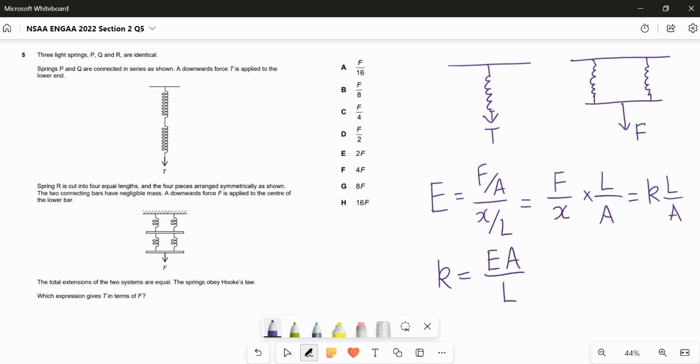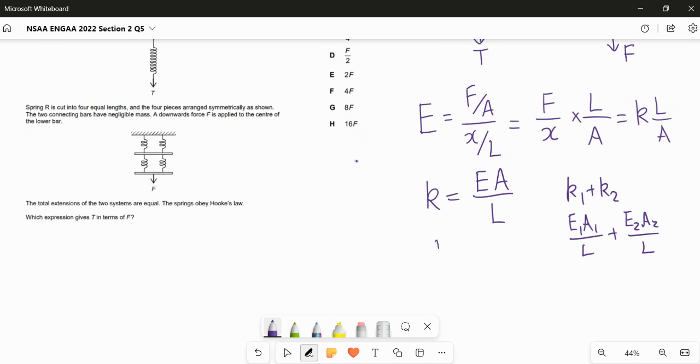So when you add springs in parallel, for example, you're effectively adding their areas or their modulus of elasticity, the EA term on top. So when you add two springs, K1 and K2, you're just adding the modulus of elasticity of each one. So E1A1 over L plus E2A2 over L, which is why you can add them in that way.